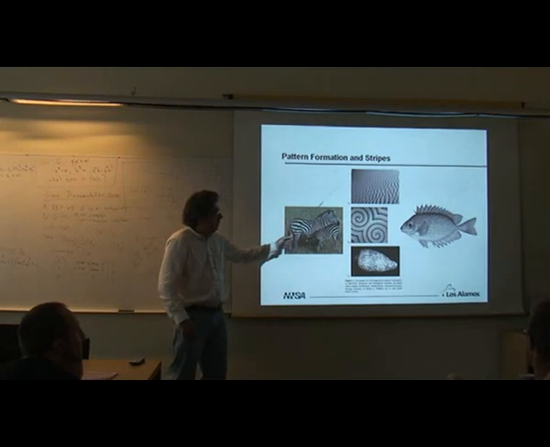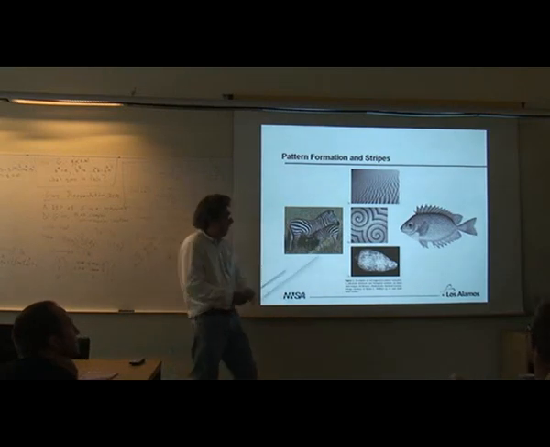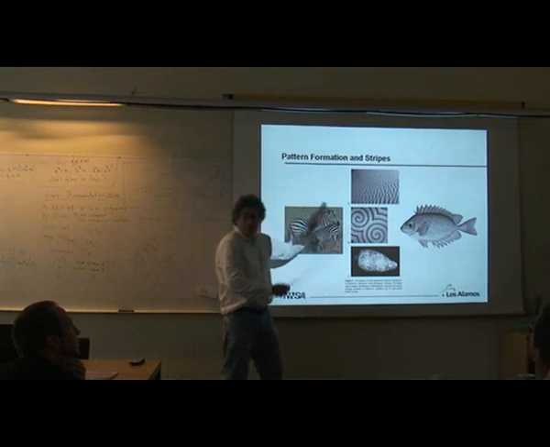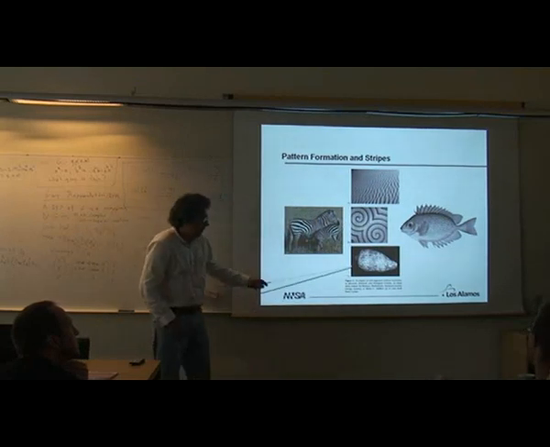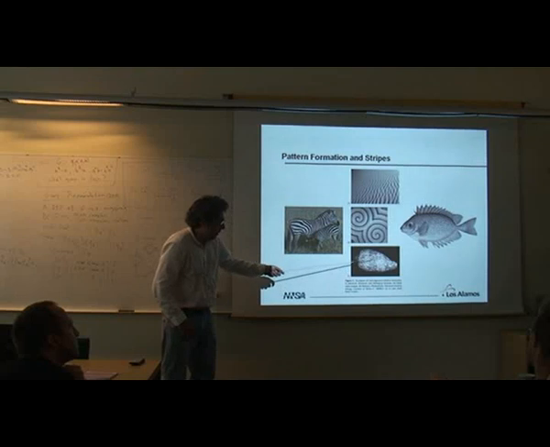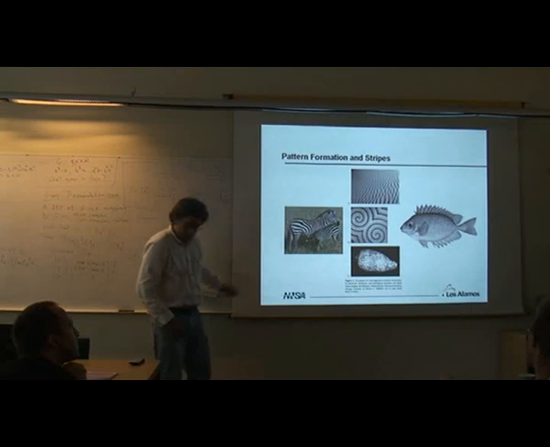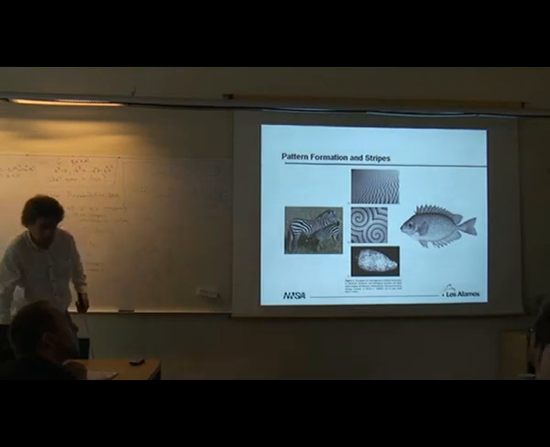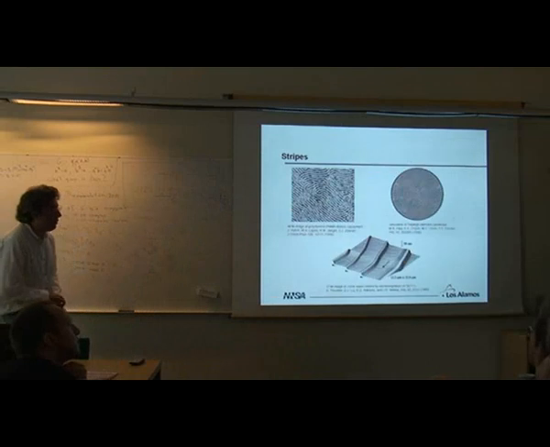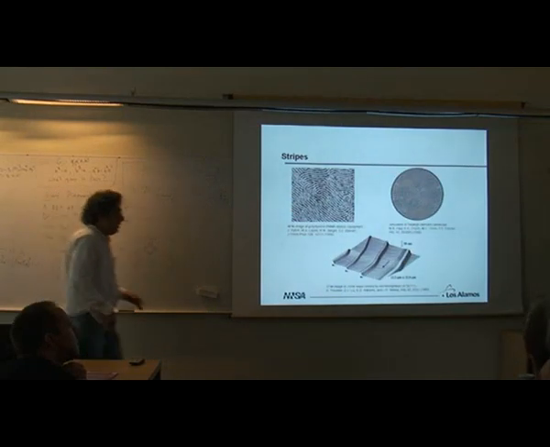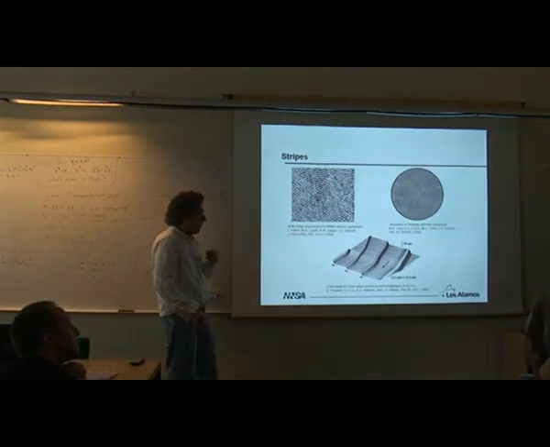This is wind blowing over sand, and over time you almost get waves forming, but they're not moving waves, they're just static waves. And this is a pattern on a cone snail, which I think is the most poisonous animal there is. Closer to the condensed matter systems, again you start to see these similar patterns.